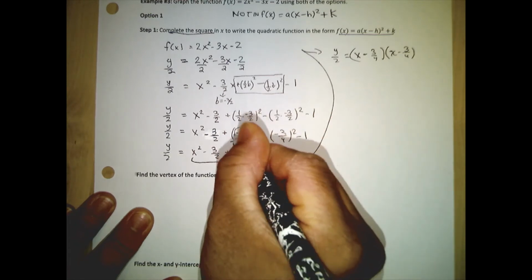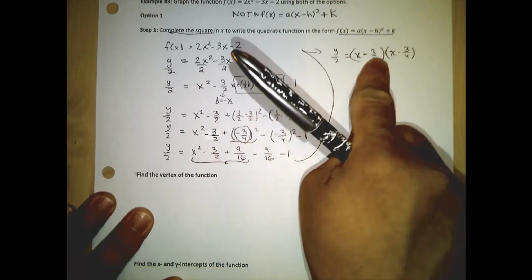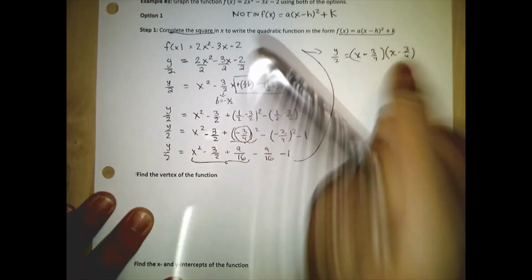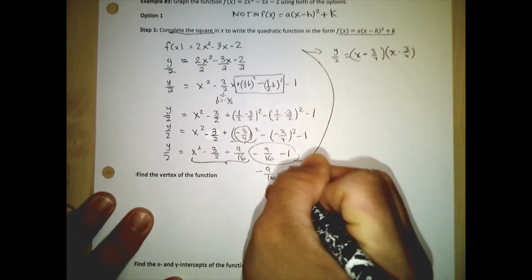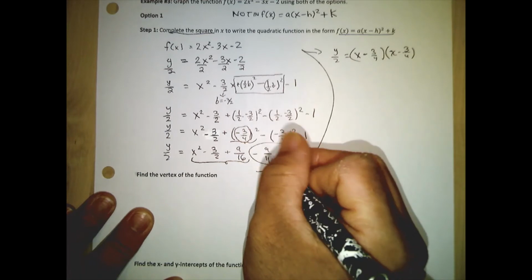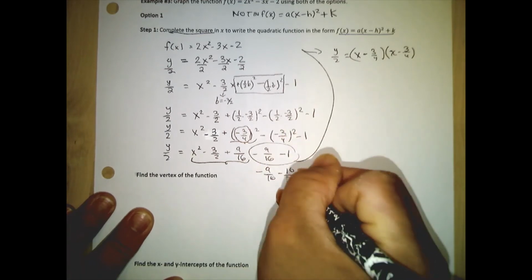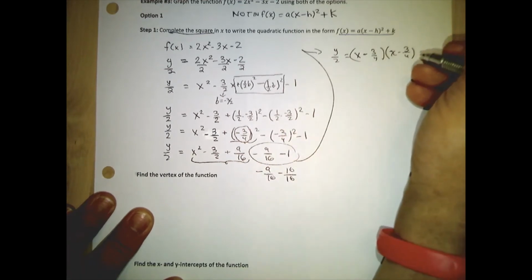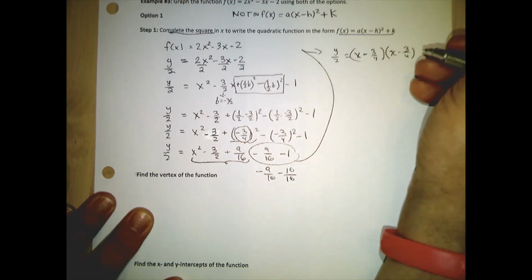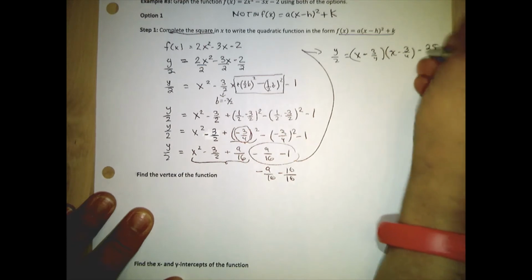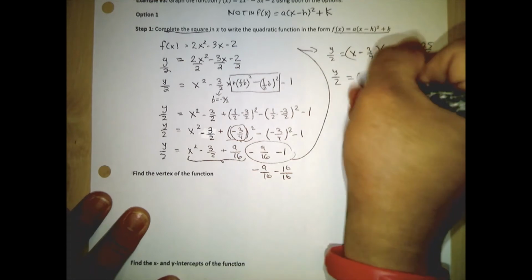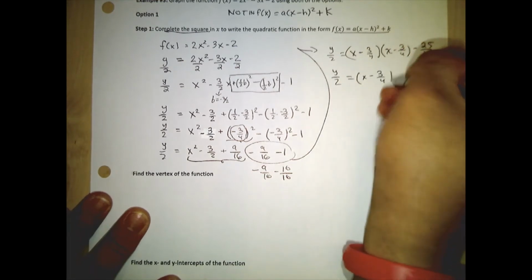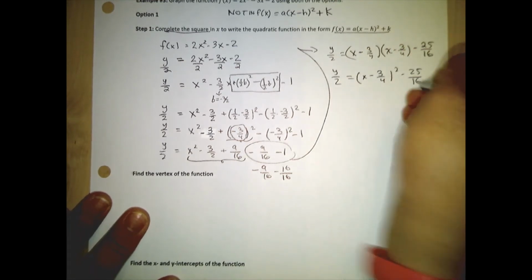And then let's find a common denominator for the 9/16 and the 1 here. So this will be 16, so minus 9/16 minus 16/16 is minus 25/16. So we have y/2 = (x - 3/4)^2 - 25/16.